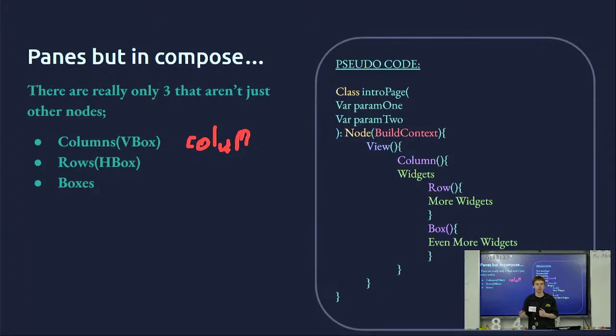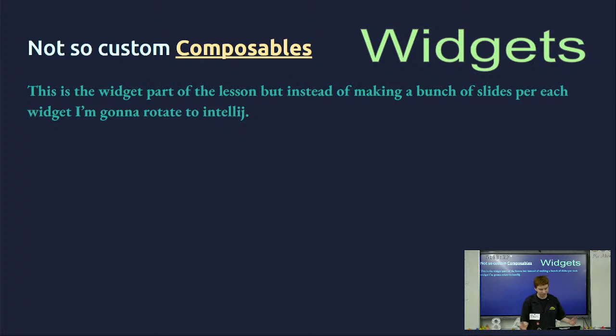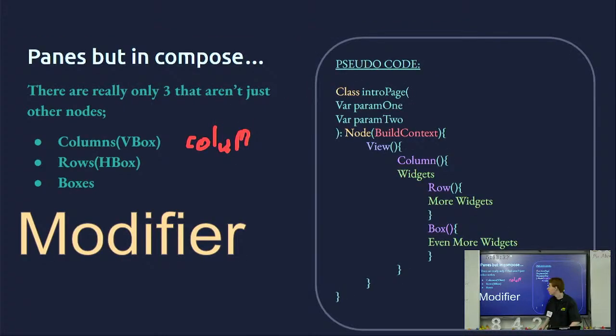There is this one thing called scroll state, which allows you to do stuff with columns and rows. I'll kind of get to that when I get to modifiers, because modifiers are really cool. They allow you to do a lot of cool personalization to your apps. You know what? We're going back. Modifiers. All right.